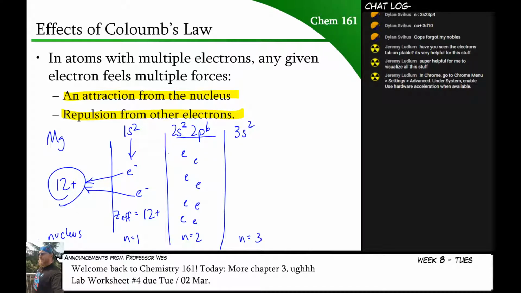Those electrons feel the force of the nucleus as well, but they're also being pushed away by the electrons that are closer. So these 2 electrons effectively cancel out 2 protons worth of charge, and so their Z effective would be 10.